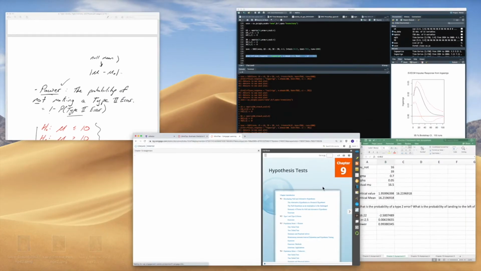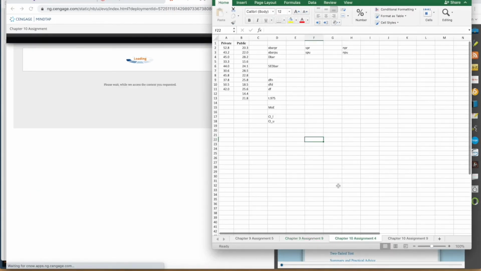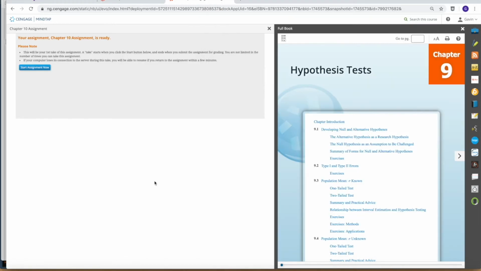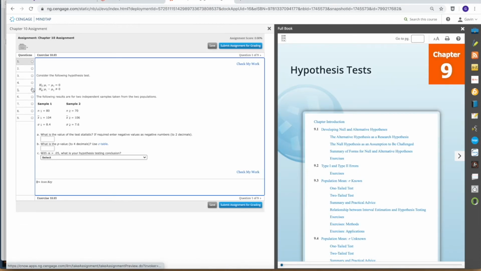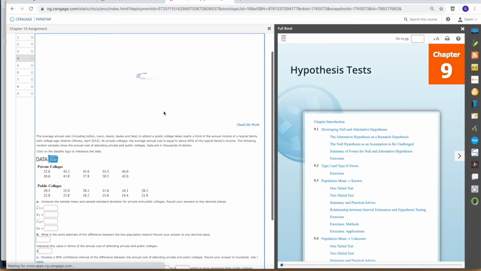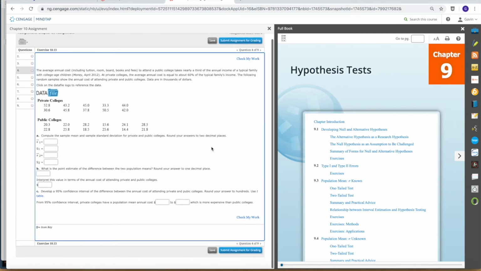assignment. So I was going to do chapter 10, number 4. In this one, they give us some data. The average annual cost, including tuition fees, public colleges versus private. At private colleges, the average annual cost is equal to about 60% of the typical family's income.